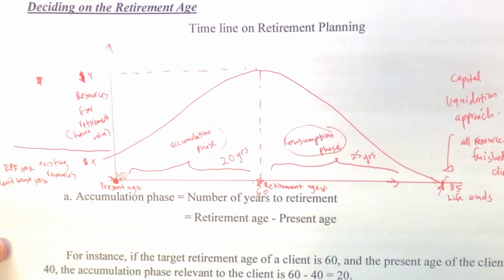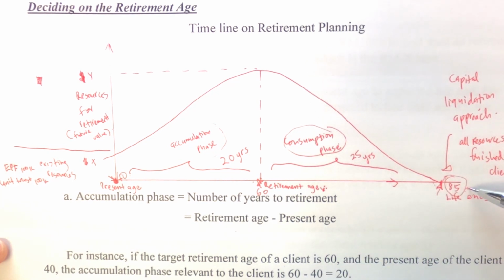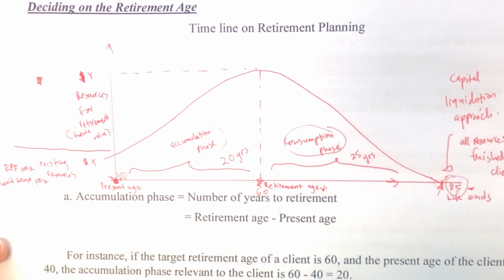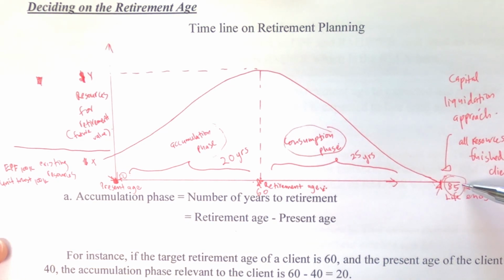Another thing that is important for students to understand is where we have to identify the year the life ends. Let's say the client agreed that the life ends at the age of 85, for example.